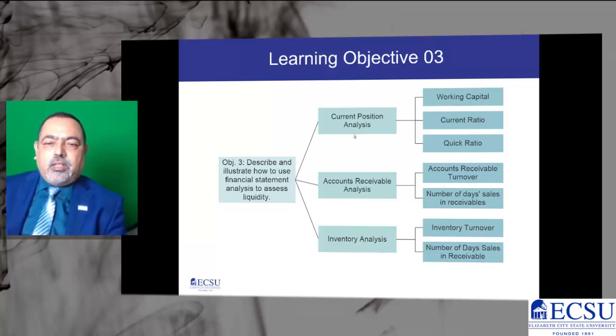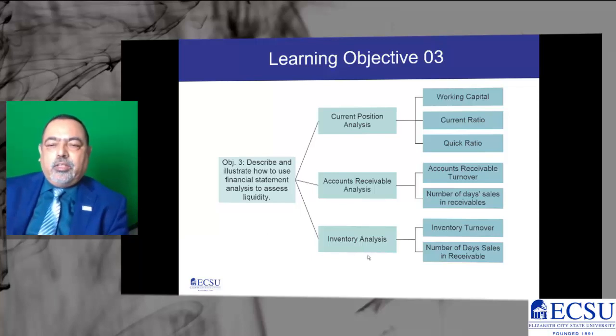In the current position analysis, basically we are trying to find out what the working capital situation is, and whether the company is able to pay off its current liabilities with its own current assets, and whether it has enough quick assets to liquidate so that it can pay off the liabilities when they become due. So that is what we are trying to learn in the current position analysis.